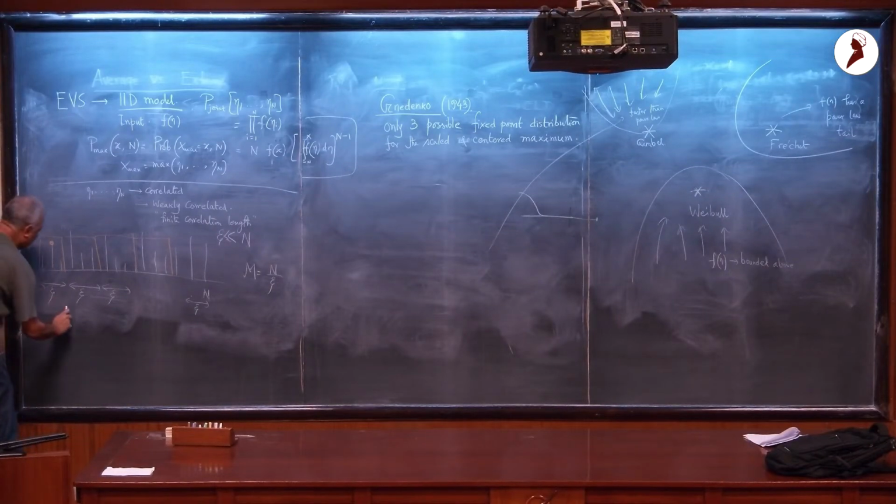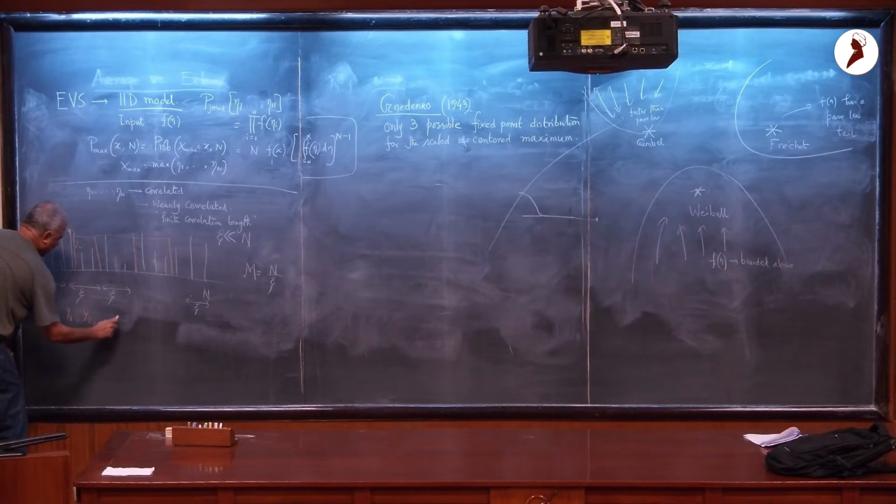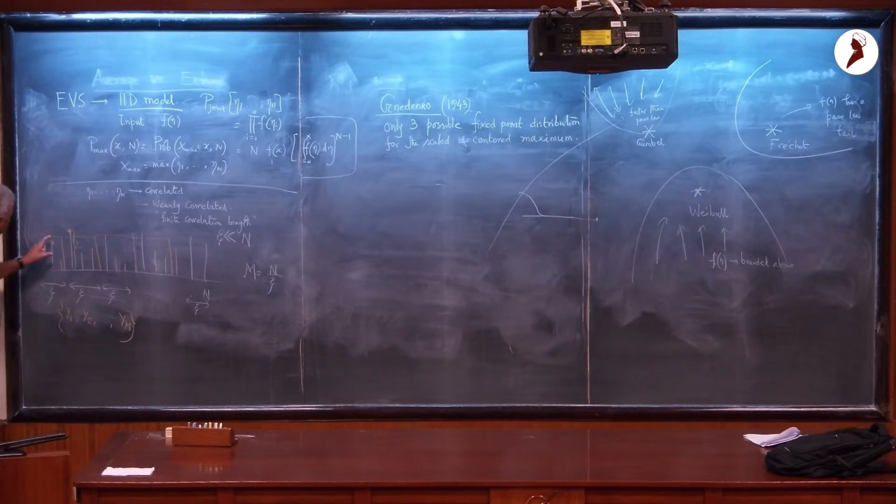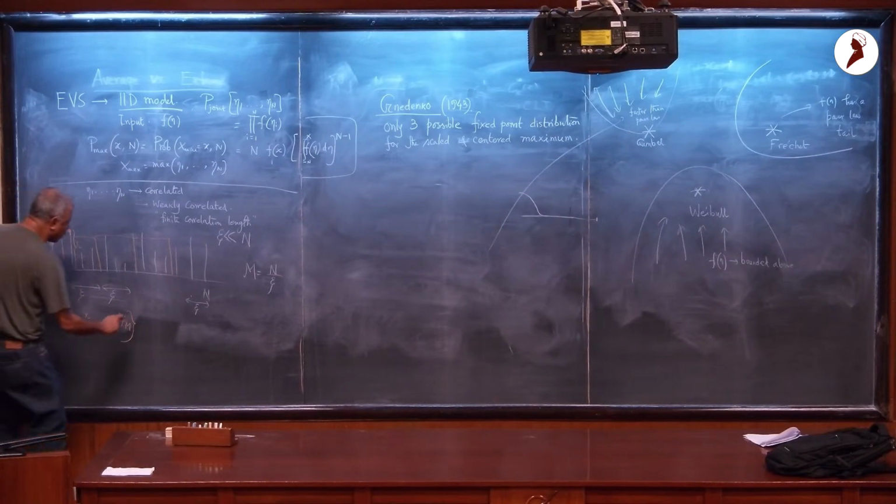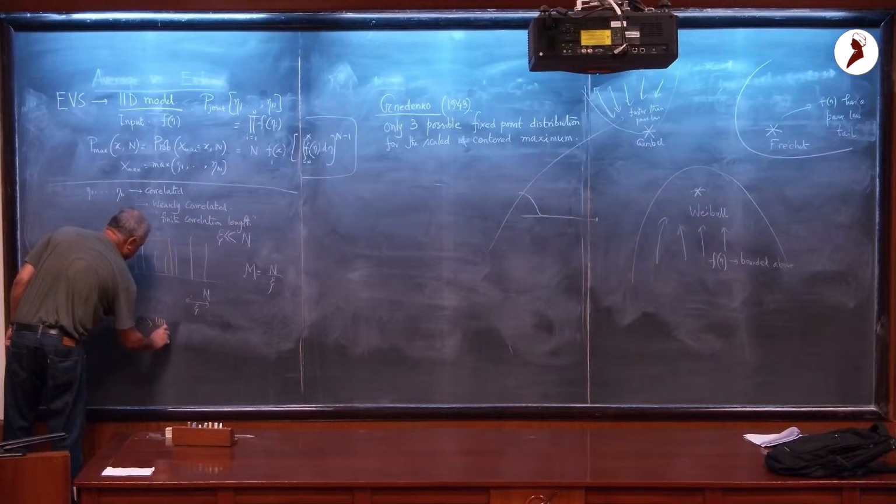Let's call them y1, the block 1 maximum, y2 from the second block, and ym. So these block maxima are essentially uncorrelated IID variables.